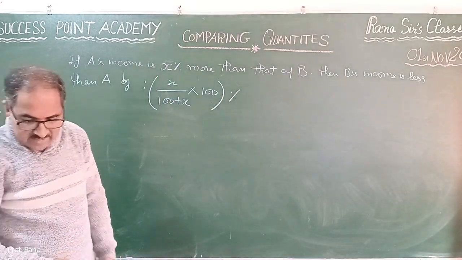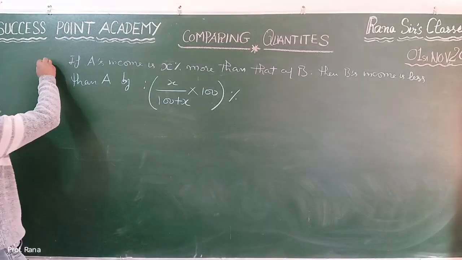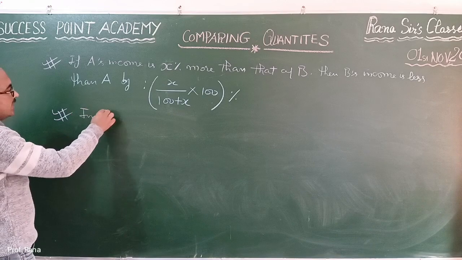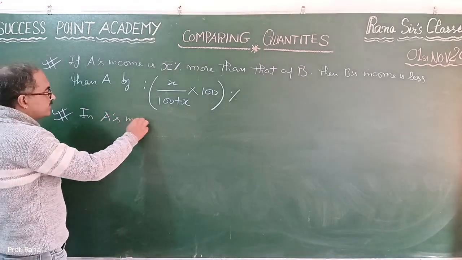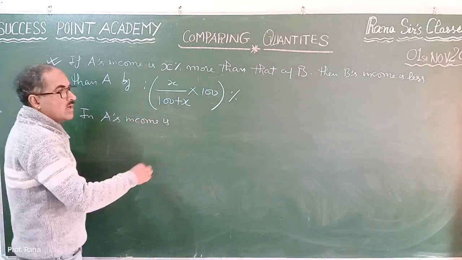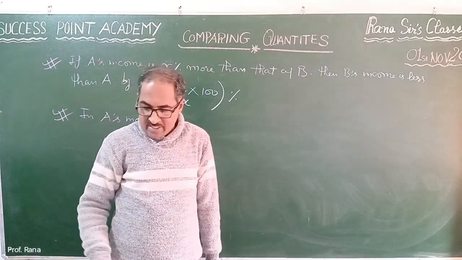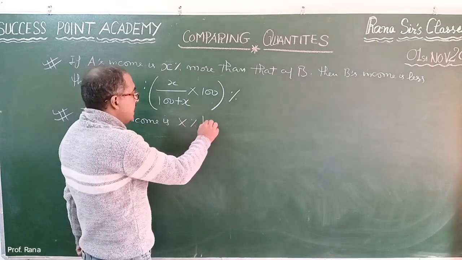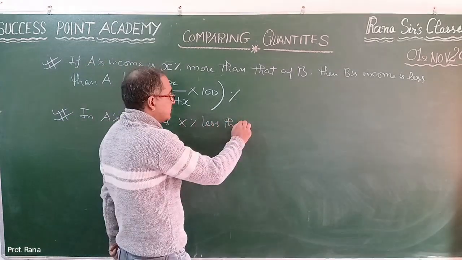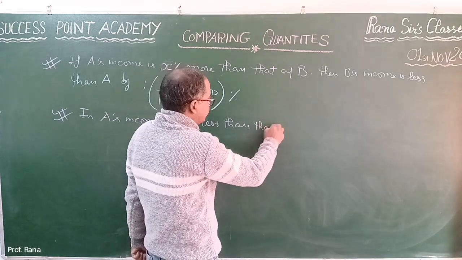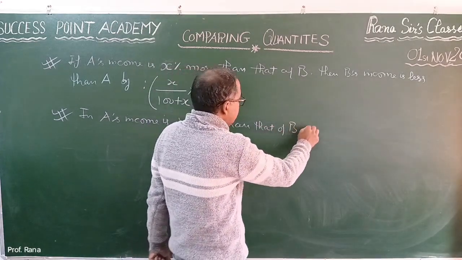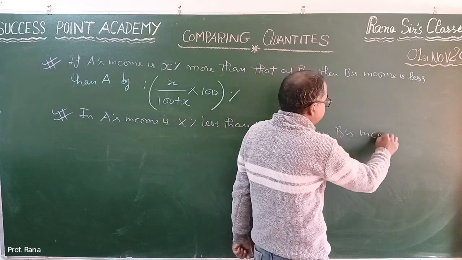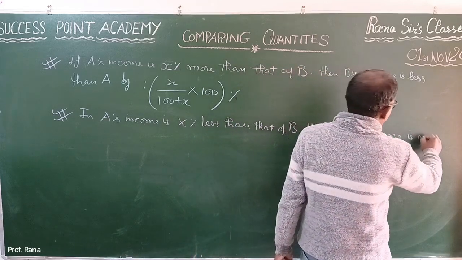Right? Then the next formula is, if A's income is X% less than that of B, then B's income is more.